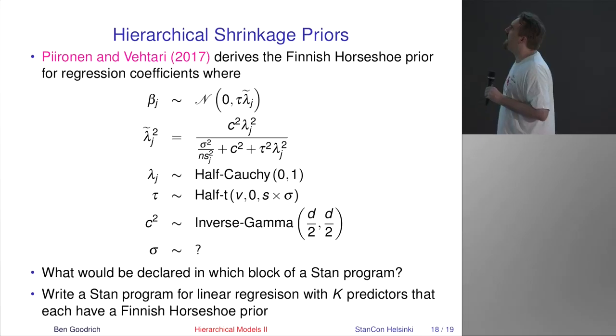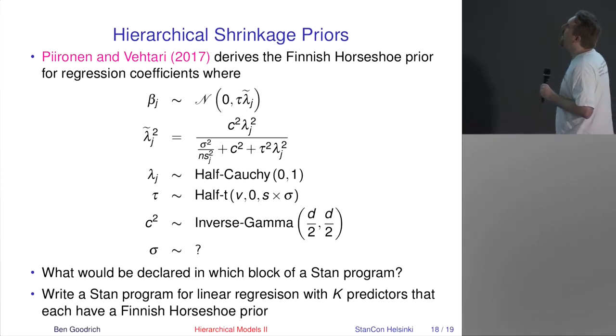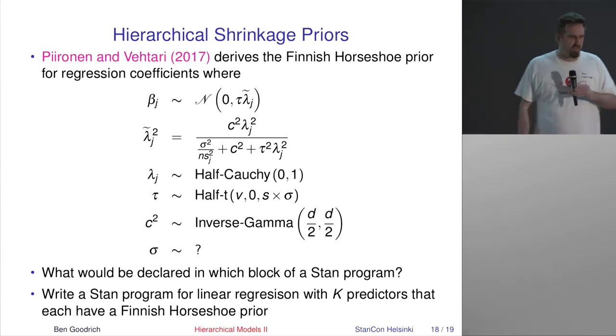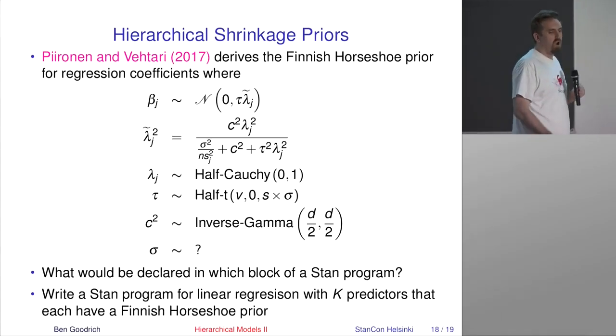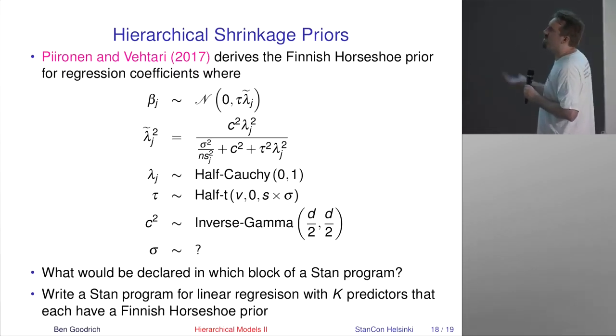But as an exercise to walk away with, Juho Piironen and Aki recently wrote a paper where they derived what Andrew Gelman calls the Finnish horseshoe prior for regression coefficients, which is similar to the original horseshoe prior.